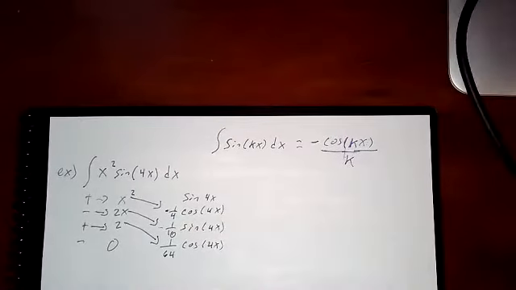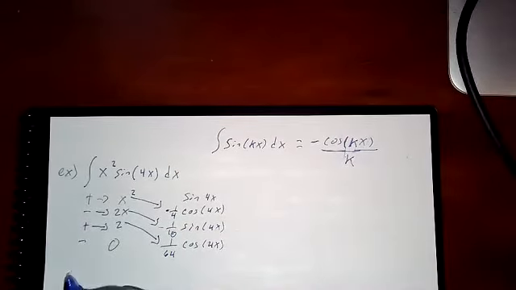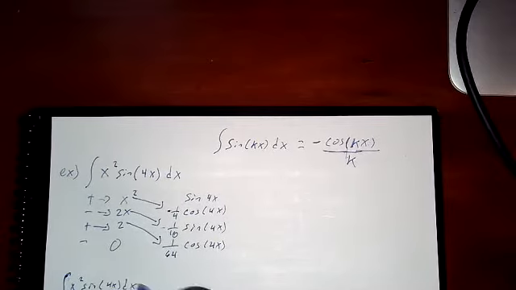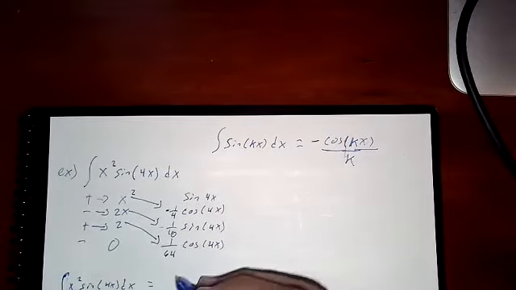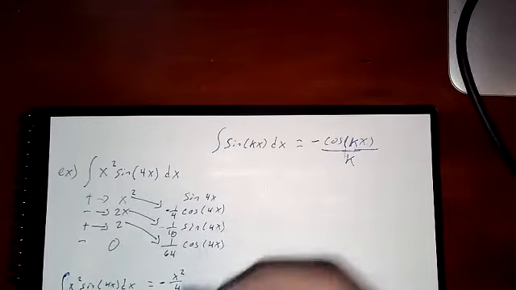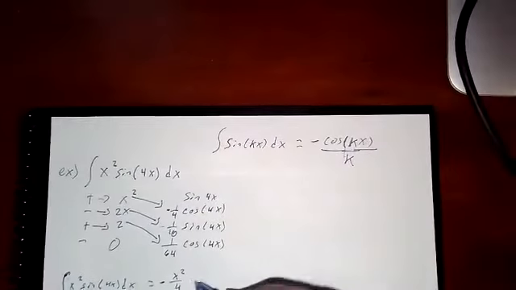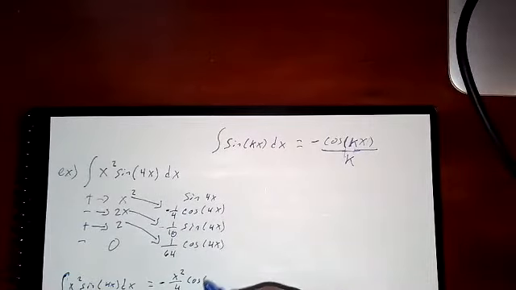Okay, so the answer, the integral of x squared sine 4x dx, will be negative x squared over 4 cosine 4x, multiplying these right here.